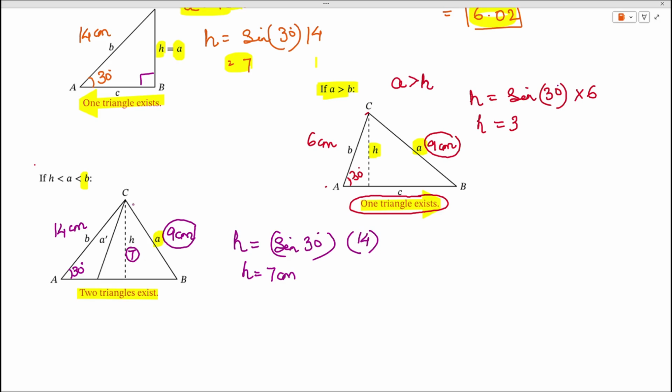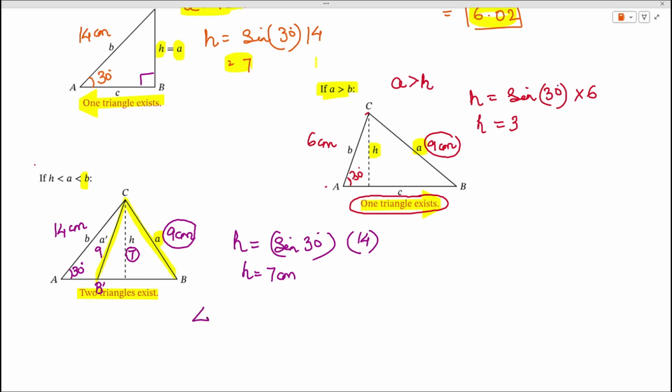But now we can take this side A and move it to the other side. So you can see over here, the side A has been moved on to the other side. So there's a possibility of two triangles, because if this is 9, then this is also 9 centimeters.